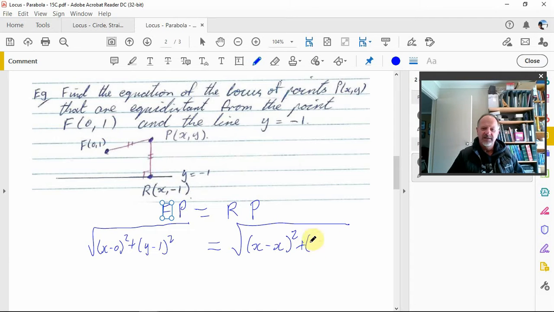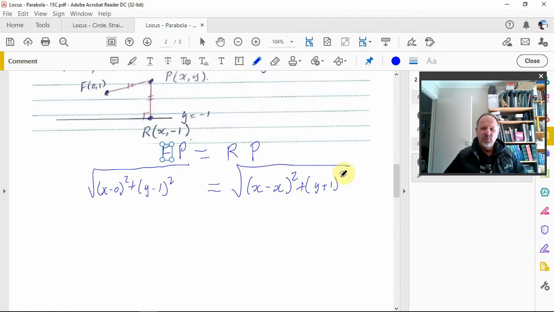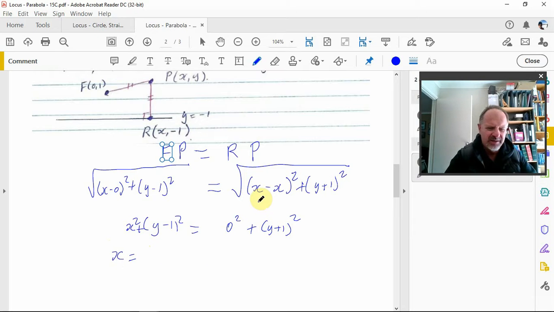Like we had before, we can get rid of the square roots by squaring both sides, and I'll neaten this up. That becomes just x squared plus (y minus 1) squared equals 0 plus (y plus 1) squared.